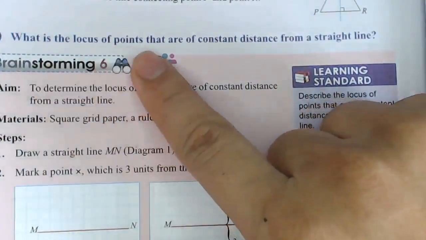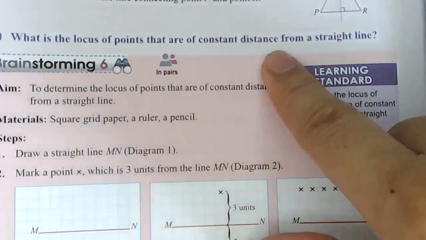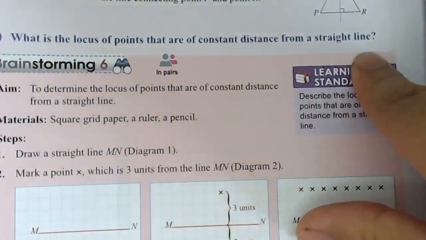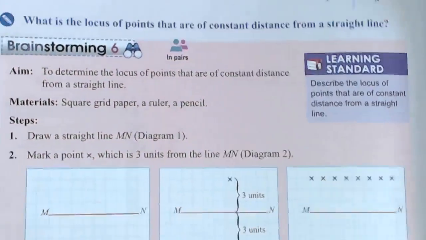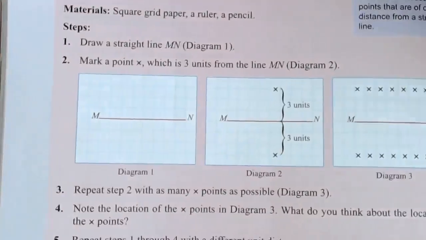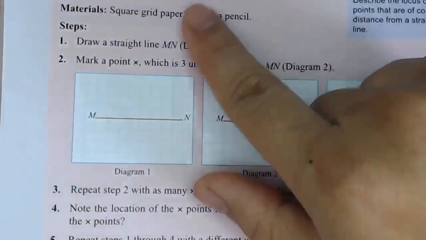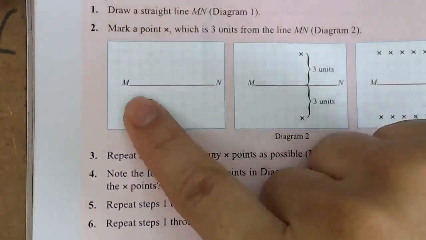What is the locus of points that are of constant distance from a straight line? This time they do not give a point or points. This time they give a straight line. Okay, here it is.